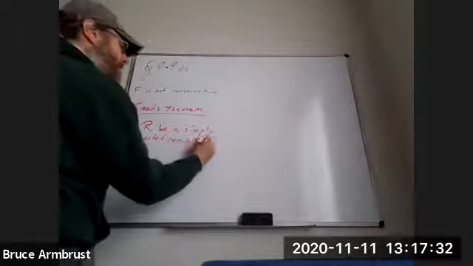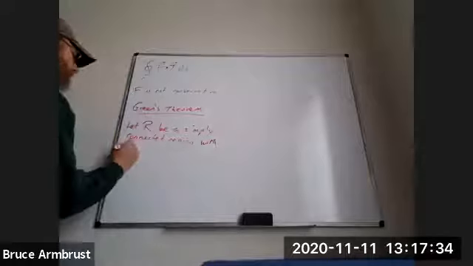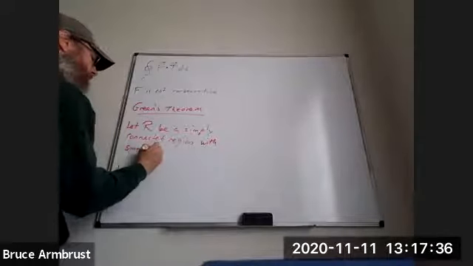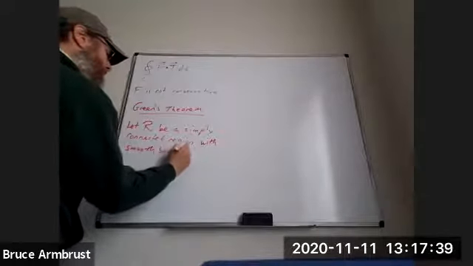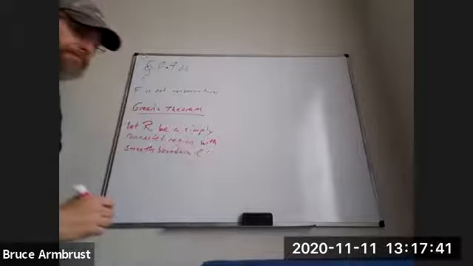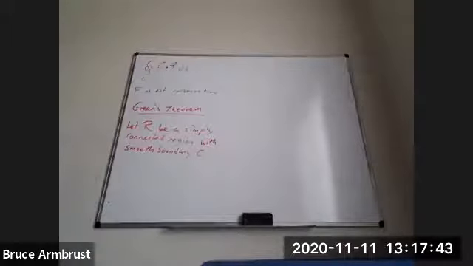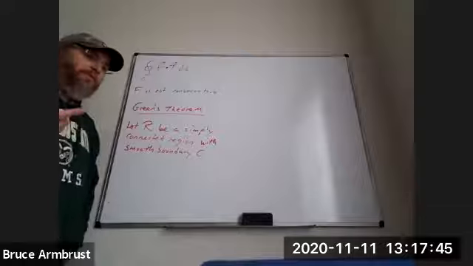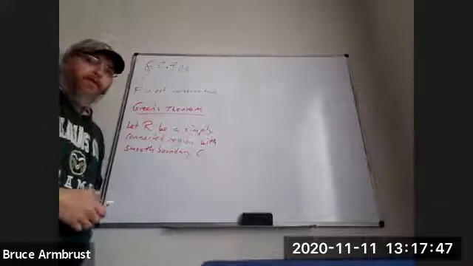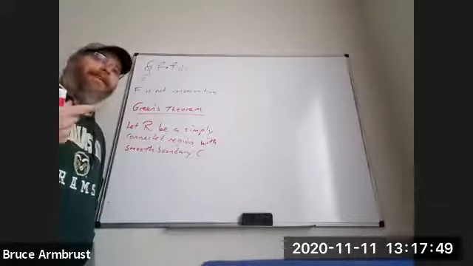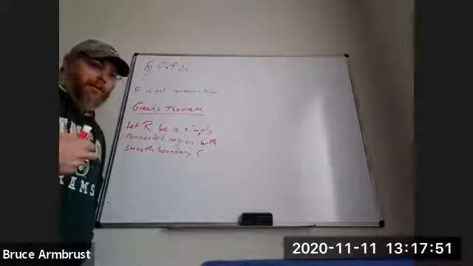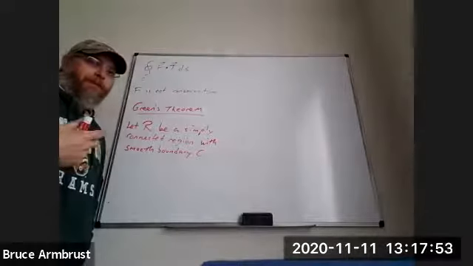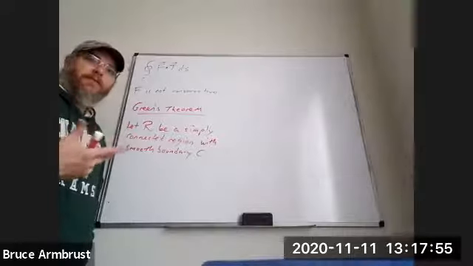It has to have a smooth boundary that we're going to call C. Okay, so smooth is what you think. Smooth curves, you've seen that many times through calculus. Smooth just means the derivatives exist and things like that.